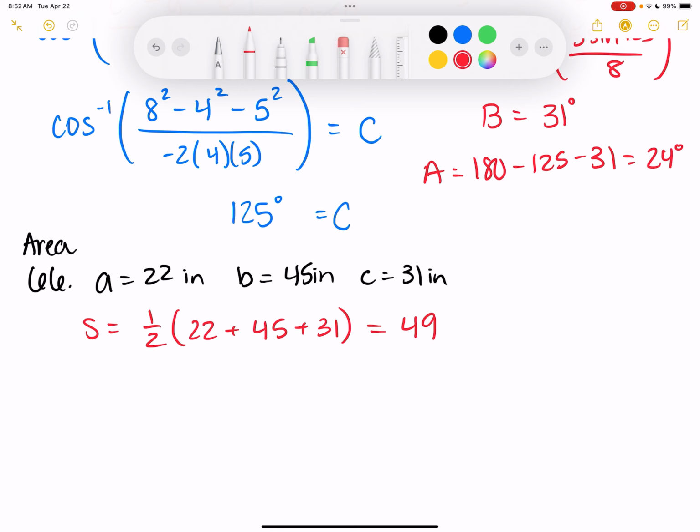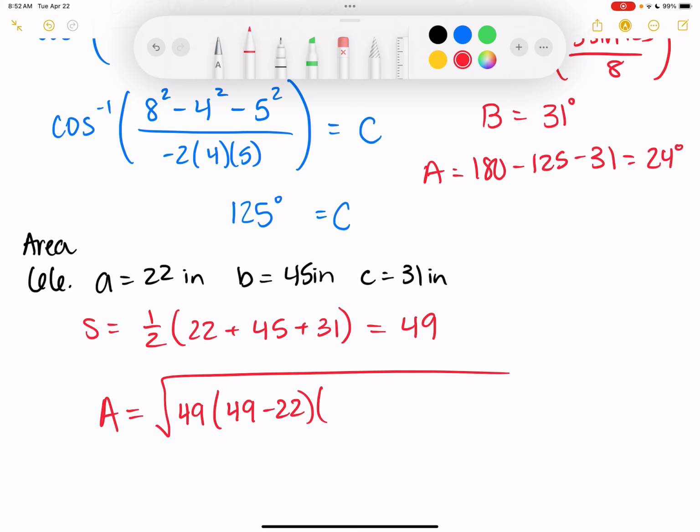But area equals the square root of S, so 49, times S minus A, so 49 minus 22, times S minus B, so 49 minus 45, times S minus C, so 49 minus 31. And then I just throw that all under one huge radical, and I just literally type it in exactly as I have it written. So 49 times 49 minus 22. As long as you put those parentheses, your calculator will figure out what it's supposed to be doing.